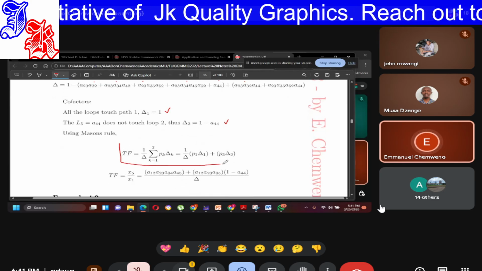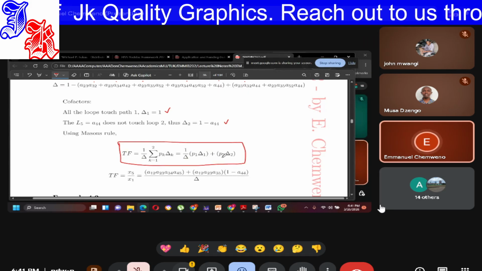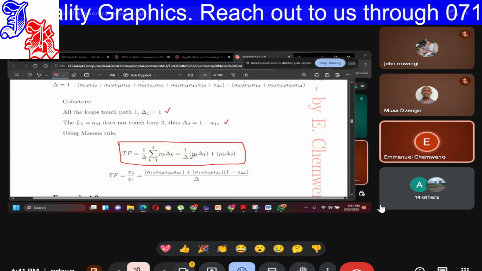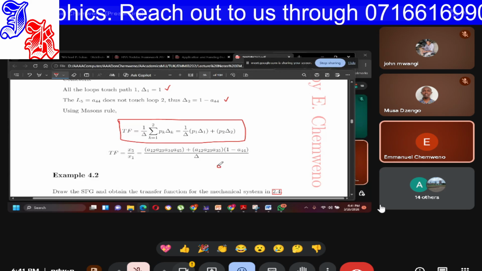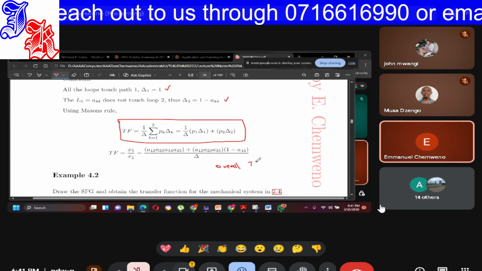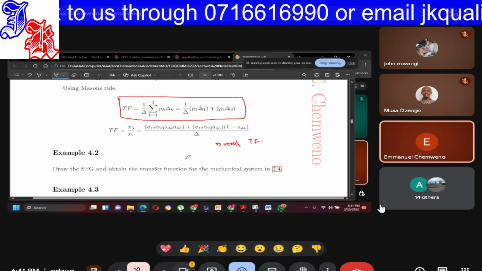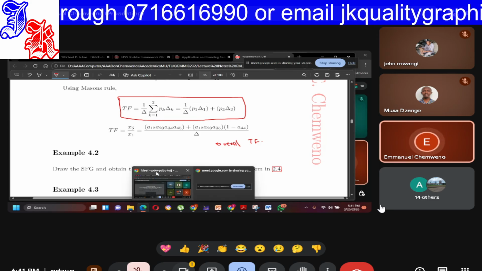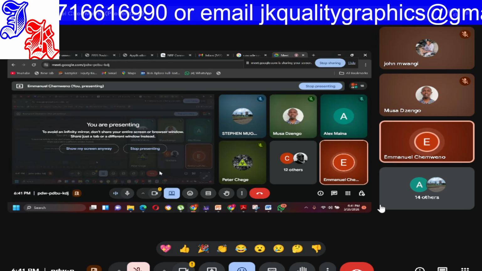So the transfer function is path 1, cofactor 1, plus path 2, cofactor 2, over the determinant, which is the overall transfer function. I think up to there I'm okay, and we are all okay.